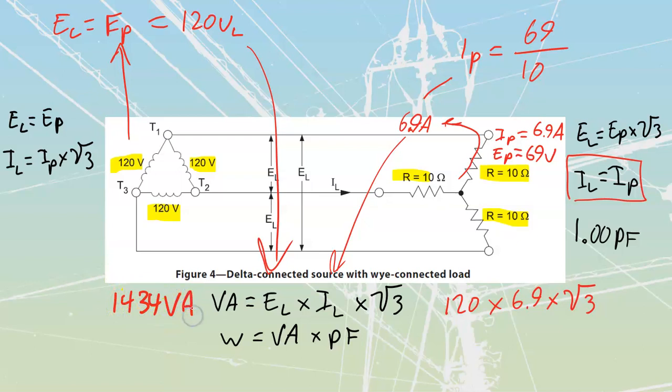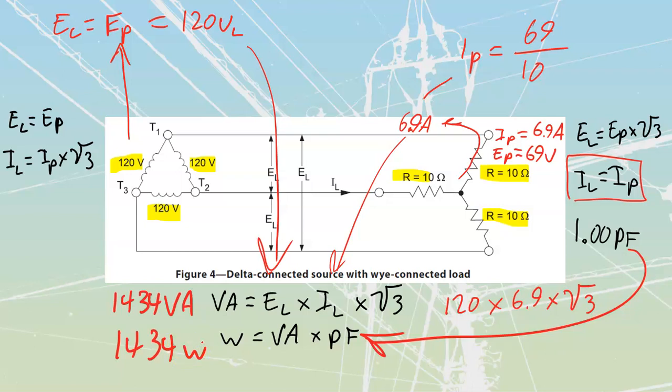And because I've got a unity power factor, I take that VA multiplied by 1.0, and I find that I have 1,434 watts.